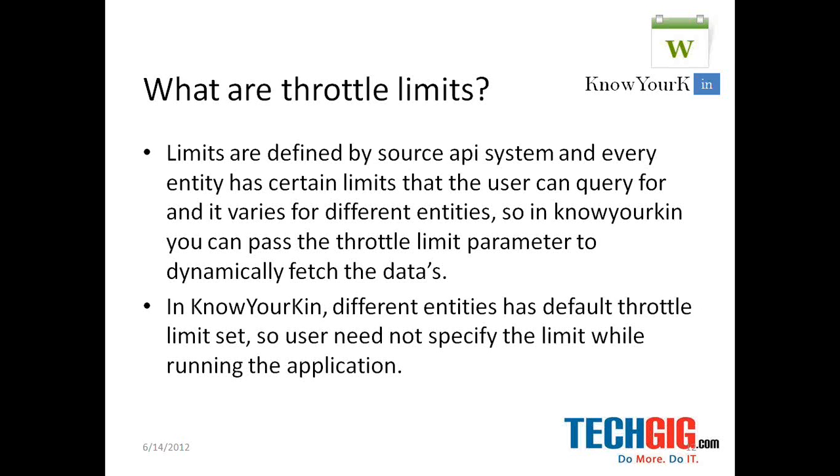Every source API system has a throttle limit, which constrains you to pull the data sequentially. In NoYakin, different entities have a default throttle limit set, so the user need not specifically set the limit while running the application.